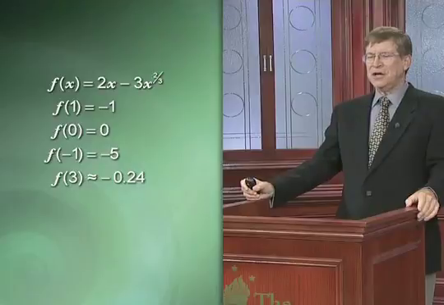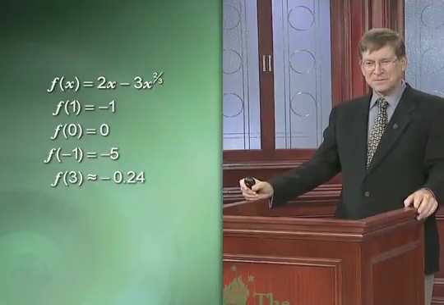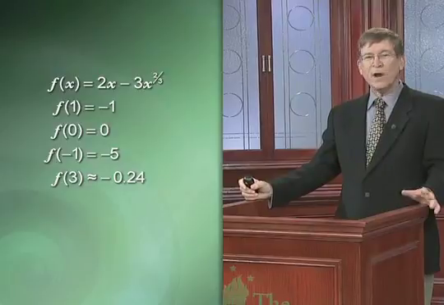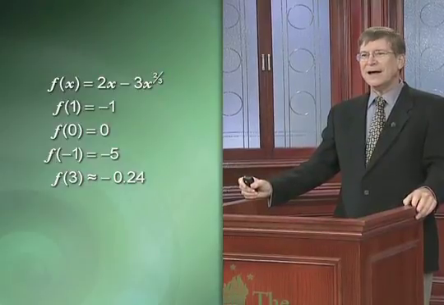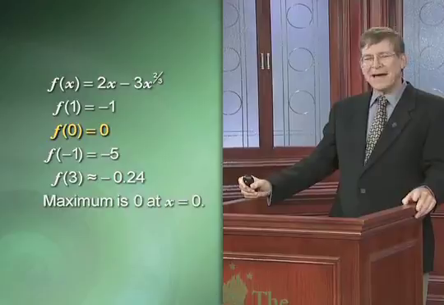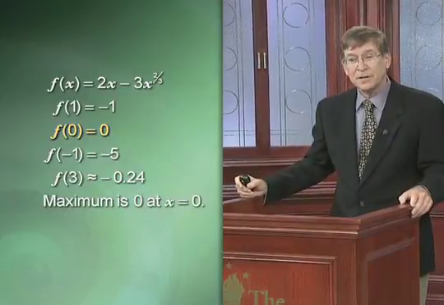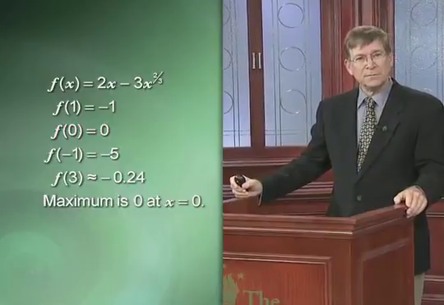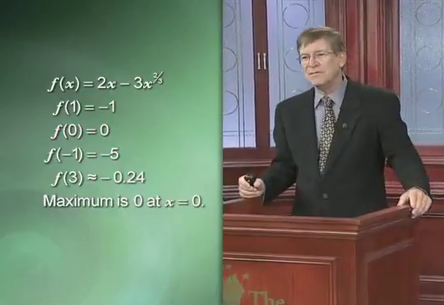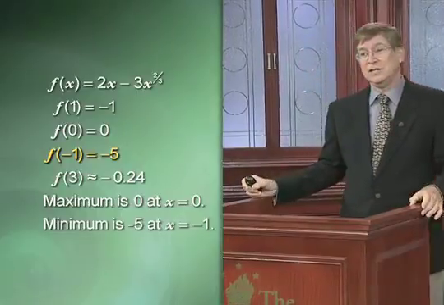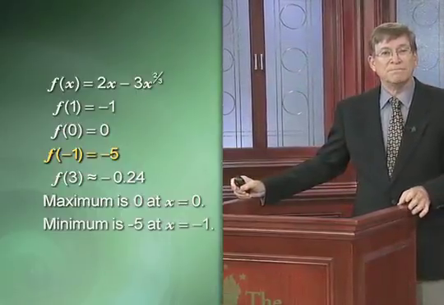So here are the 4 candidates. We've evaluated them back in the original function. Where's the absolute maximum? 0 is the maximum value, and it occurs at x equals 0. Where's the absolute minimum? Well, the minimum value is -5, and it occurs at x equals -1.